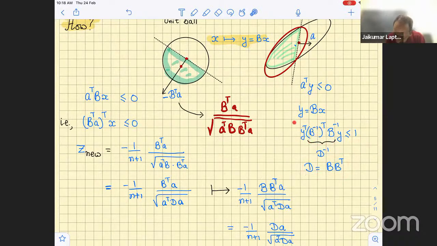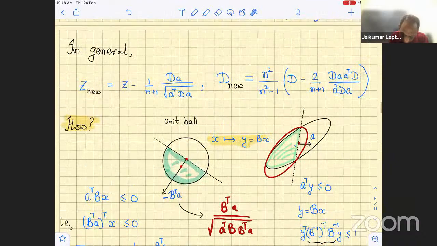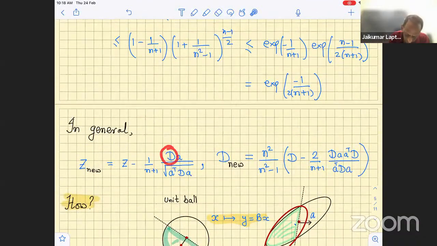This we did last time, and you can also read it out of this equation. Okay. So D is BB transpose. So this BB transpose here is actually the D, which starts looking like that ugly formula that I wrote before. And there is a B transpose here. But if you see, what we have here is D, not B transpose.